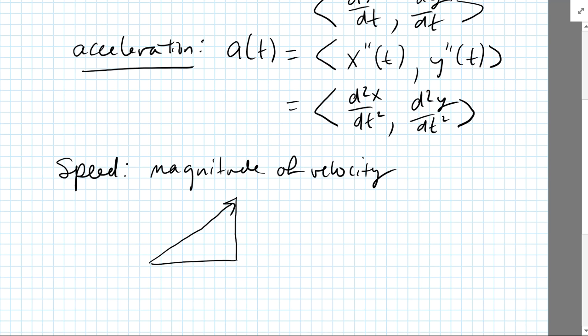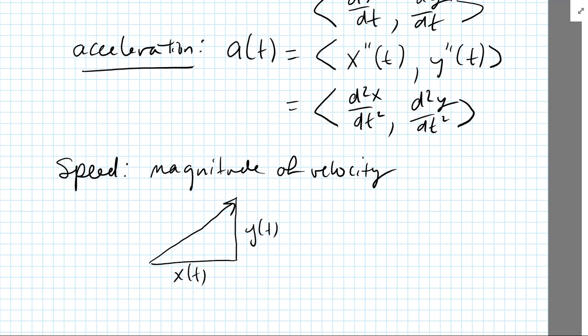And magnitude. Well, this is the magnitude. This is x of t. This is y of t. This is the velocity vector. That's the velocity vector. Well, that length right there is the magnitude, right? Do we agree? So all you have to think of is speed is just distance.